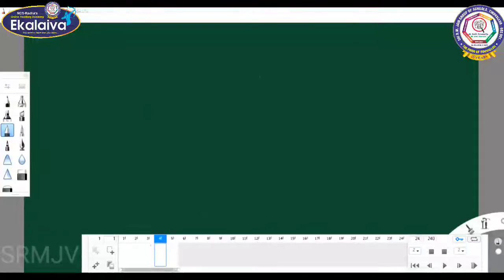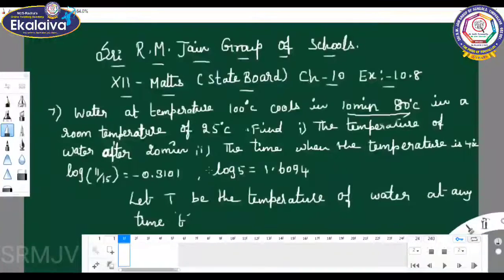Now when t equals 20 minutes, as given in the first subdivision, they are asking for the temperature after 20 minutes, and the second subdivision is for 40 degrees.